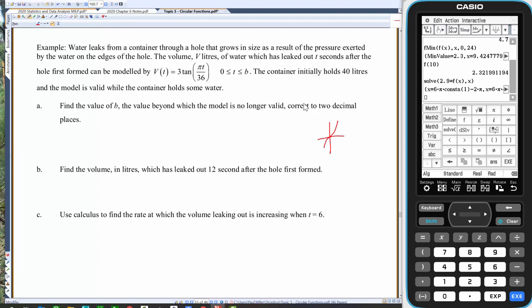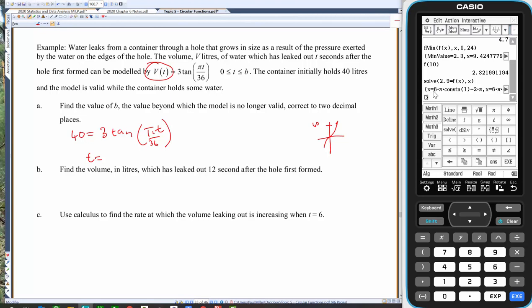Now, what we're going to do is essentially work out when it hits 40 for this function here, and that'll indicate that all of the water has leaked out. So what we want to know is when V of t is going to equal 40. Okay, so we're going to go ahead and solve this for t.